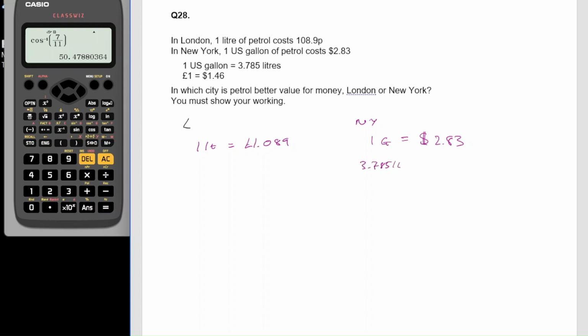Right, so I'm going to convert that into litres. So 3.785 litres is equal to, and I'm also going to convert this into pounds right now. To do that, I would need to divide by 1.46.